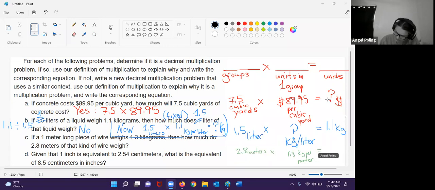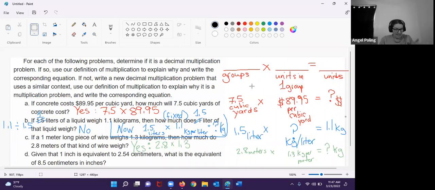And they're asking us how many kilograms, right? So here we have a yes. This is a decimal multiplication problem. And it is 2.8 times 1.3.